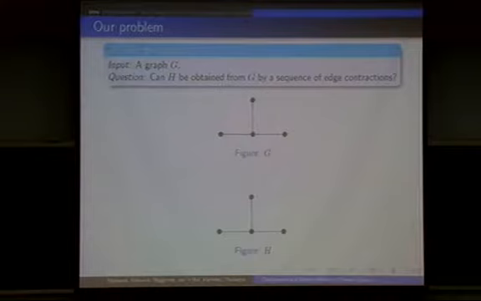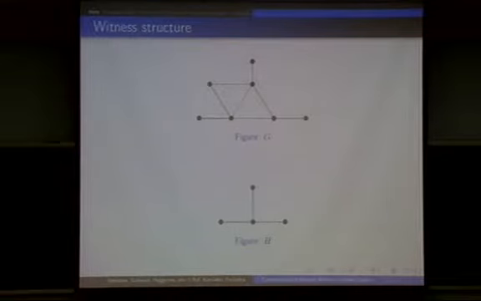Later in the talk I will use little n to denote the number of vertices of G, and little h to denote the number of vertices of H. This is the usual way of seeing H-contraction, but there is another way, called witness structures.